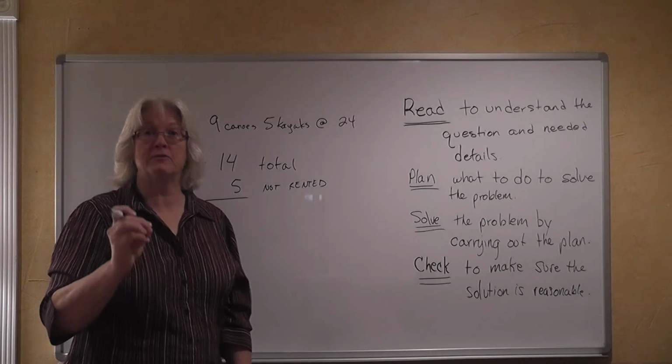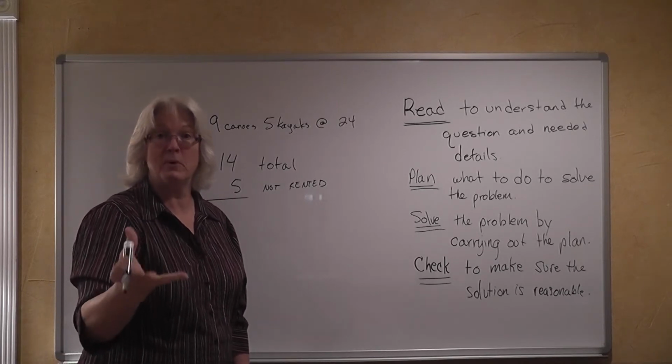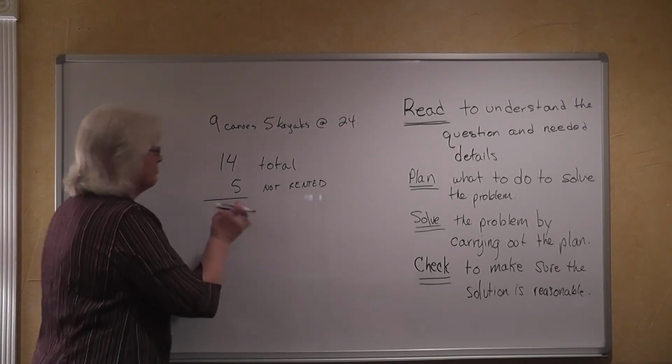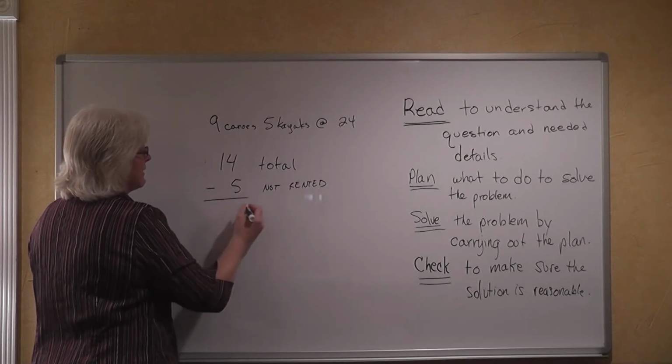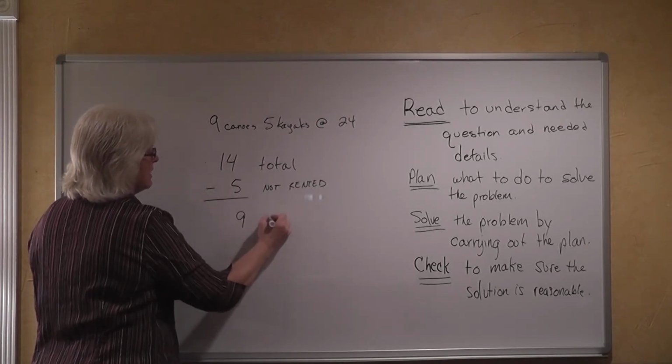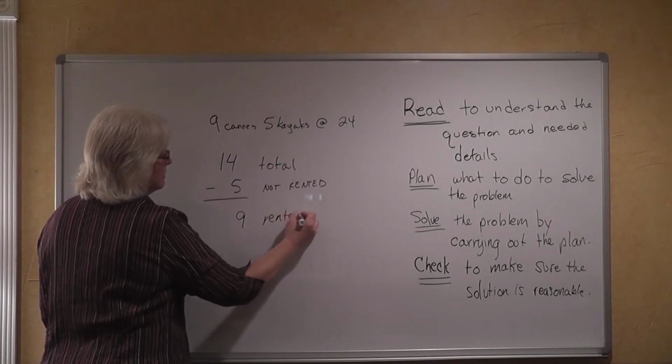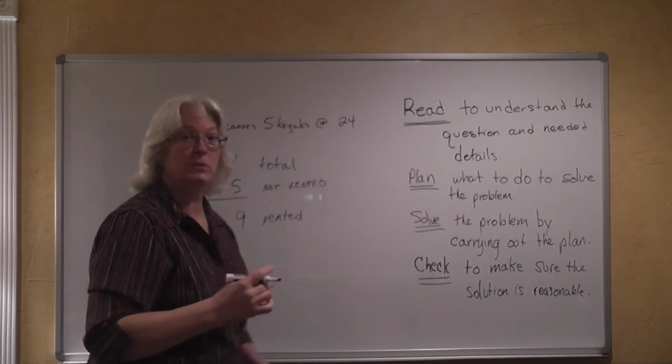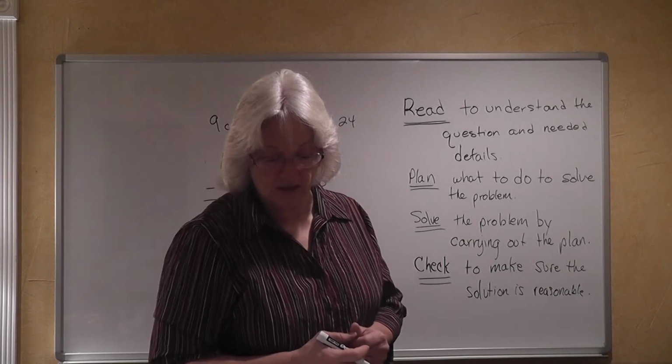If 5 boats were not rented, how many were rented? We're going to subtract 5 from 14, and we're going to say that 9 were rented. So we know how many were out on the water that day.